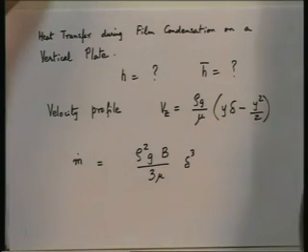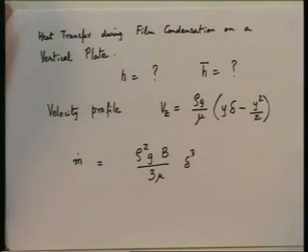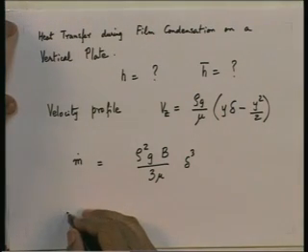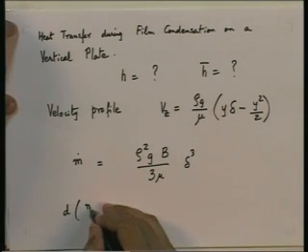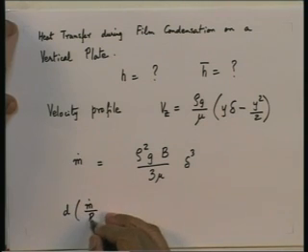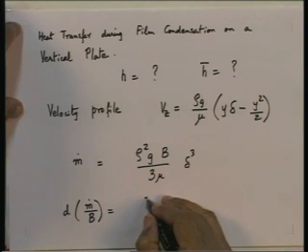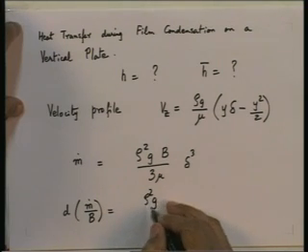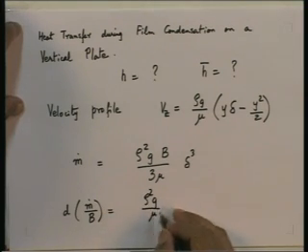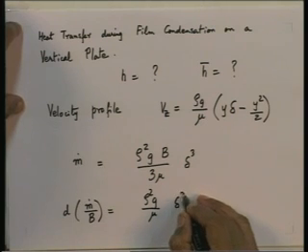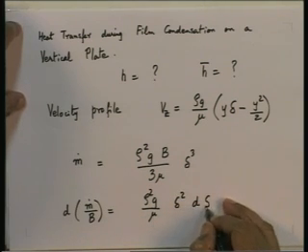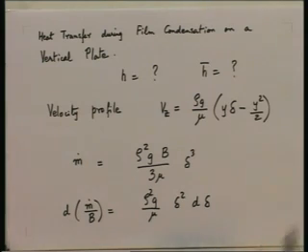Taking the differential of that, we had got the expression d m dot by b, where m dot by b is the mass flow rate per unit width of the plate, equal to rho squared g by mu delta squared d delta. This is where we had stopped last time.